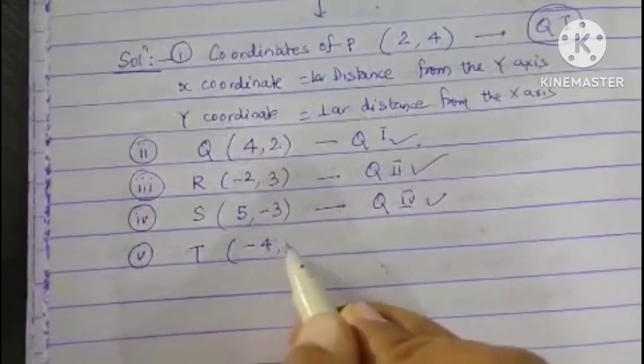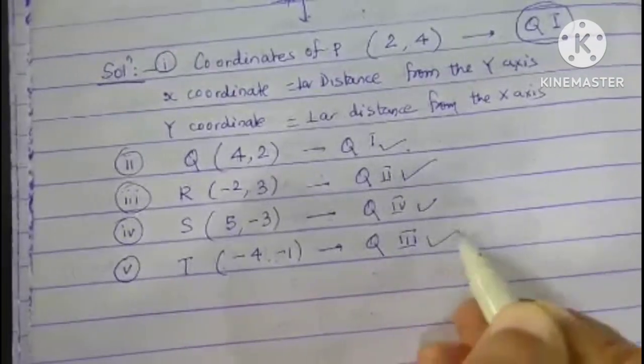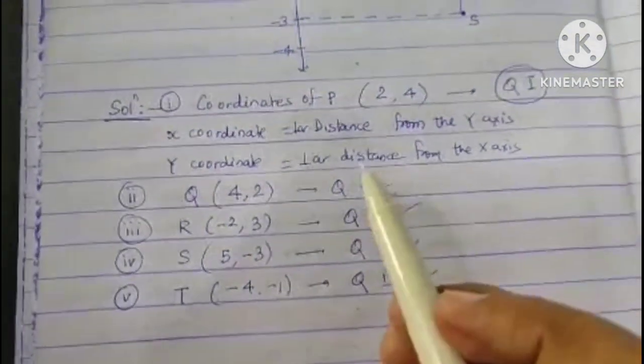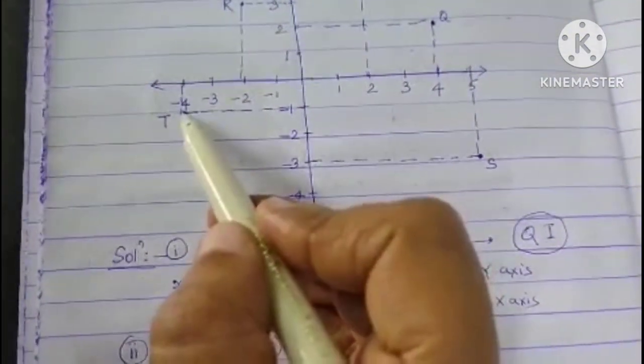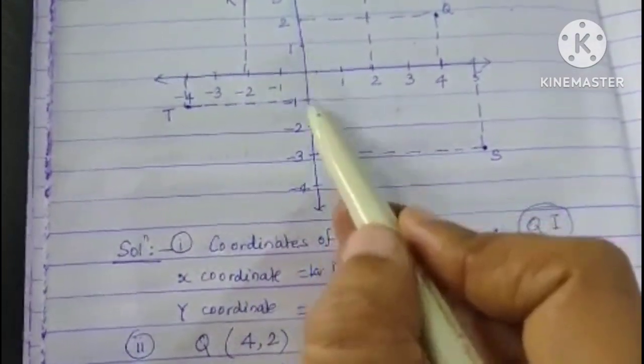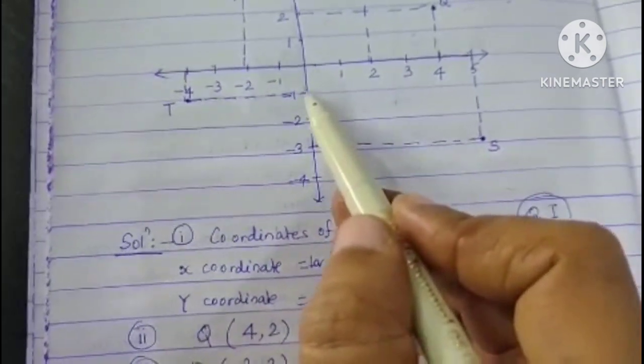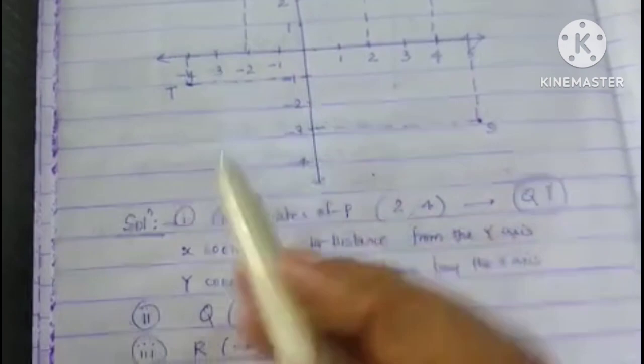So (-4, -1), and it lies in quadrant 3. The minus 4 x coordinate is the perpendicular distance from the y-axis, and the minus 1, the y coordinate, is the perpendicular distance from the x-axis.